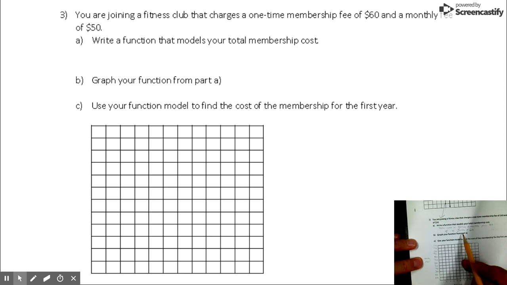So now, when we go to graph this, when our input is 0 months, we have a cost of $60 because that was our sign up. A term of 1 month, our $60 sign up plus the 50, that's 110. 2 months, sign up of 60 plus 100. 3 months, sign up of 60 plus 150.